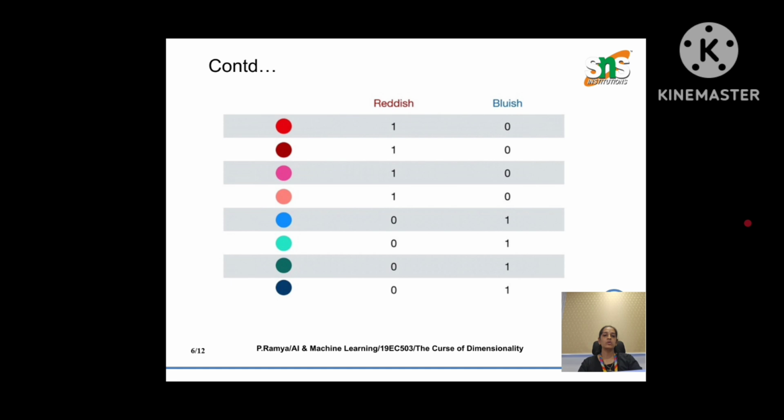So the algorithm now sees the data like this. Each candy color is a new axis in an 8-dimensional color space. No relationship exists between pink and red unless explicitly defined.